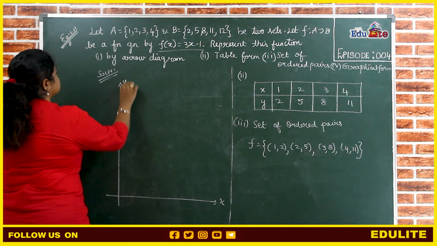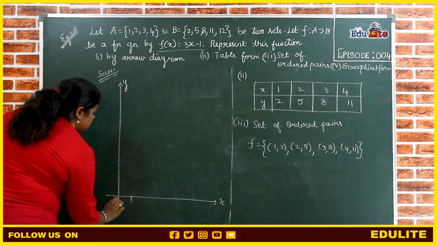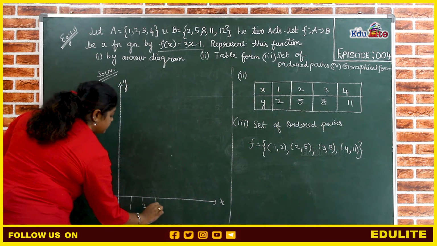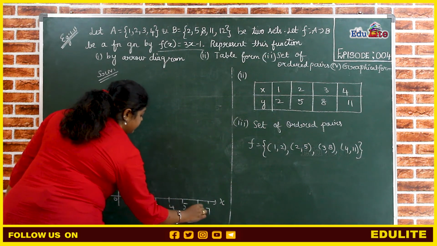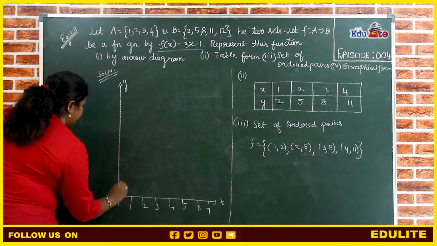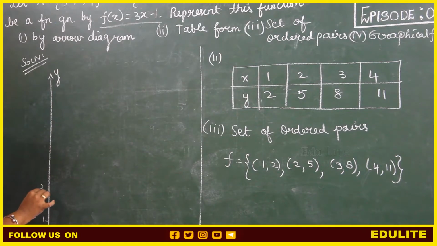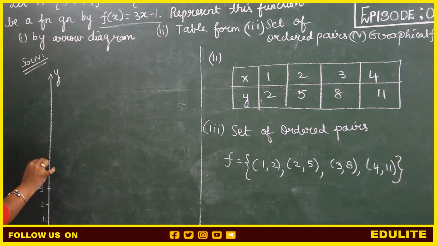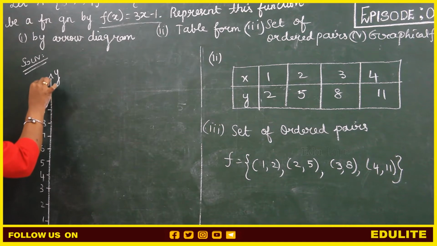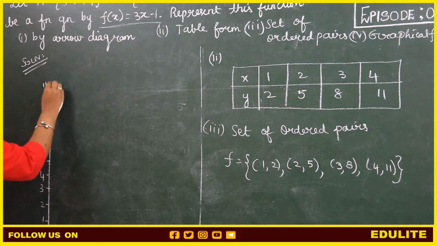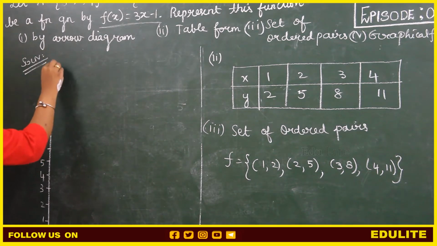Draw the x-axis and y-axis, with x as 0, 1, 2, 3, 4, 5, 6, 7. Along y, 1, 2, 3, 4, 5, 6, 7, 8, 9, 10, 11, 12.